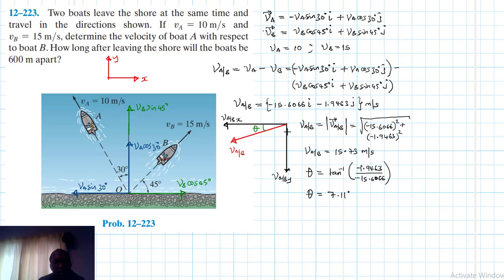Alright, so why does it appear like this? It appears like this because the speed of A is lesser than the speed of B. So we are being told that as every second passes, the difference will be 15.73 meters every second.